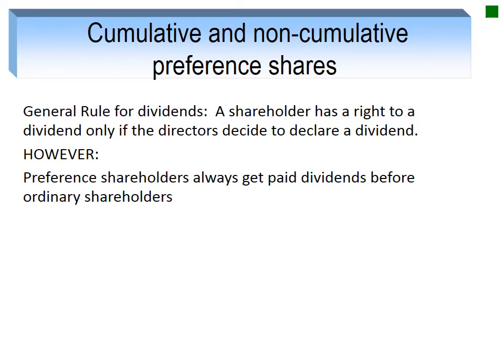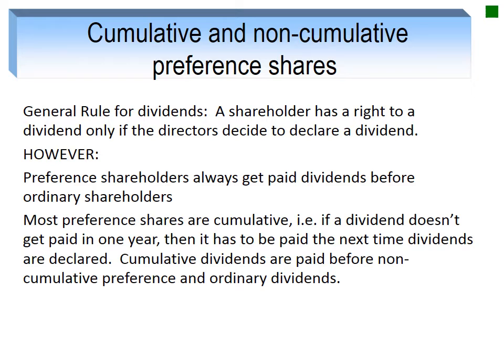However, preference shareholders always get paid dividends before ordinary shareholders do. So the reason we call them preference shares is because they have preference over ordinary shareholders. But one of the big differences is that preference shareholders don't normally have voting rights, whereas ordinary shareholders do have voting rights in the general meetings and annual general meetings of companies.